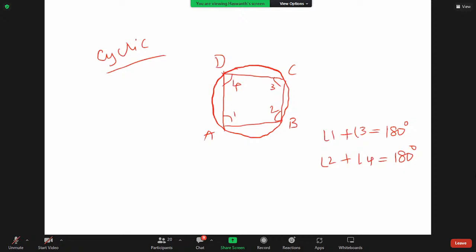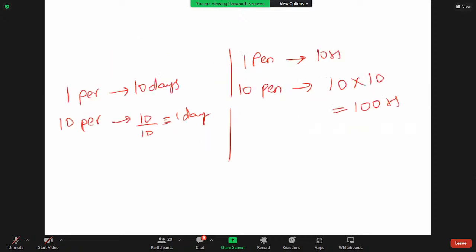So when some angles are given, you have to find some other missing angles, and you will be employing these.